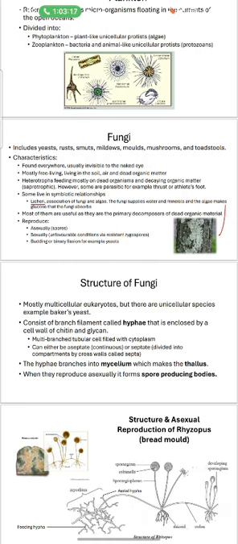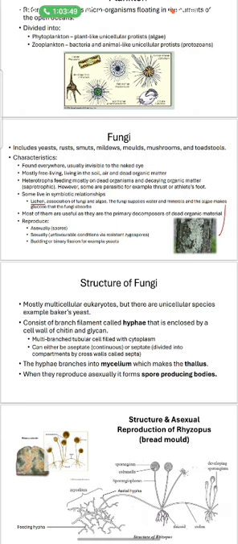Multi-branched tubular cells filled with cytoplasm can either be aseptate, which is continuous, or septate, which is divided into compartments by cross walls called septa. The hyphae branch into mycelium, which makes the thallus. When they reproduce asexually, it forms spore-producing bodies.